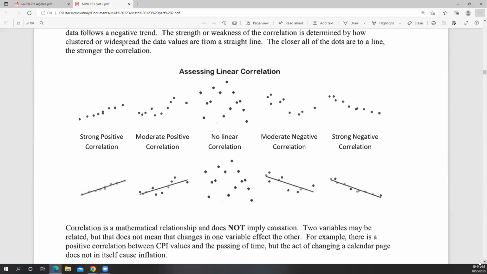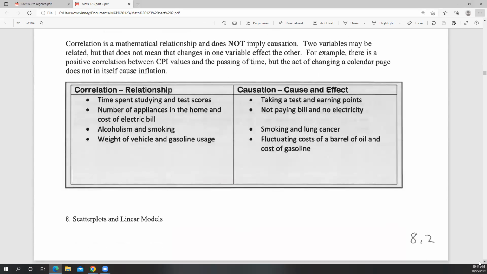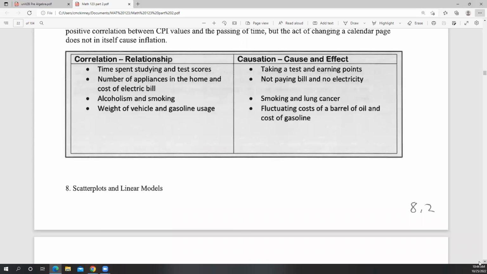It could be a negative correlation. The higher the income, the less smoking. It doesn't mean that having more money keeps you from smoking. There's lots of things that go along with that. So correlation is just a relationship. Causation is the actual cause and effect of that.